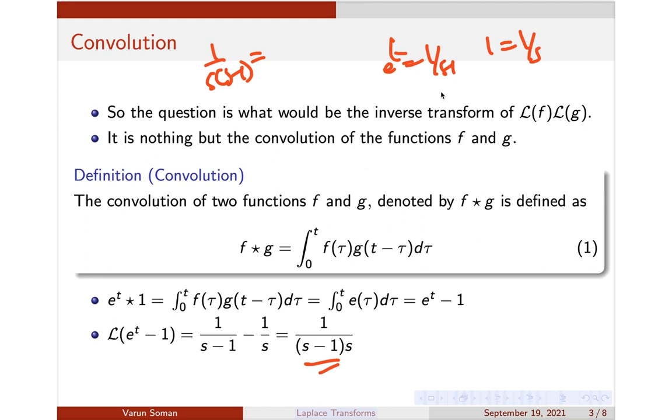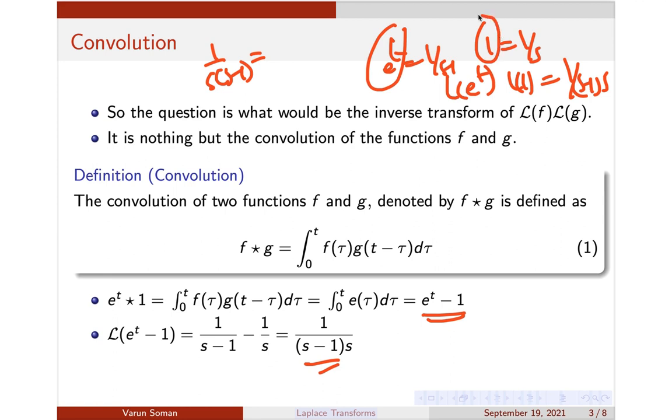So L of e raised to t into L of 1 is 1 by s minus 1 into s, and the inverse transform of that is e raised to t minus 1, which is nothing but the convolution of e raised to t and 1, which I discussed earlier. So you can see that convolution acts like a savior for this multiplication. The inverse transform of the product of two transforms is nothing but the convolution of those original functions.